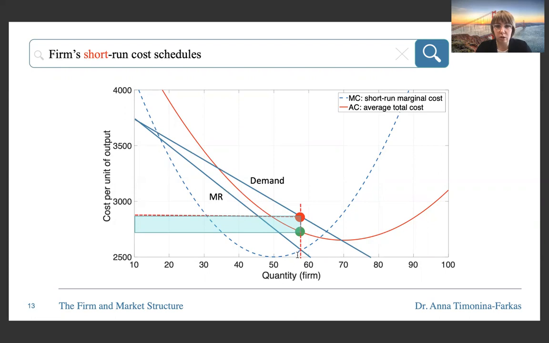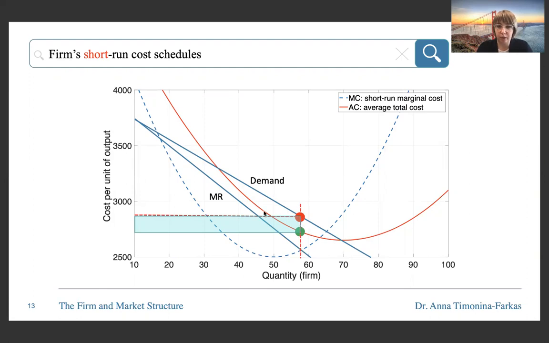So marginal cost is shown in a blue dashed line, and it intersects marginal revenue at this point. Which price will be obtained by the company in monopolistic competition? Well, the demand is higher, so the demand is here. That is why the company will be able to obtain the price shown here and sell the amount of products shown here.